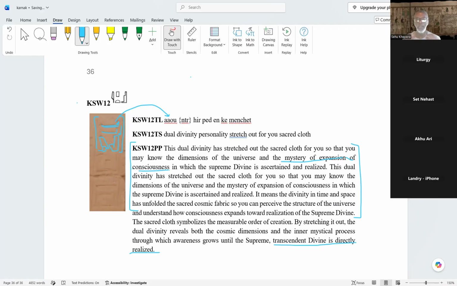So it has to be ascertained within you that there is a reality that is unchangeable. And when it is realized, it means that you have actually experienced that unchangeable mystic reality, which is the basis, which is the true nature of yourself.